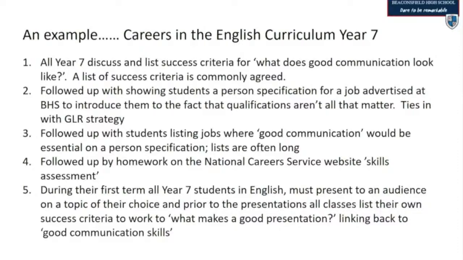Again, the idea of creating that circle of knowledge from the reason why we do things, looking at interesting examples, and then taking the students into real world examples so that they can see why it's worthwhile. We also then, within English, for example, directly linked it to a presentation of something which they were doing within English. Again, useful because we were still following the English curriculum, but also because it linked back to that idea of careers.